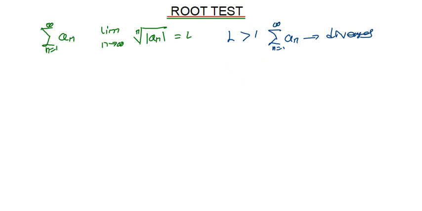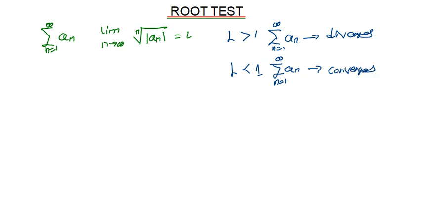There's another condition, when our L is less than 1. That means our series a sub n, running from n to infinity, converges.